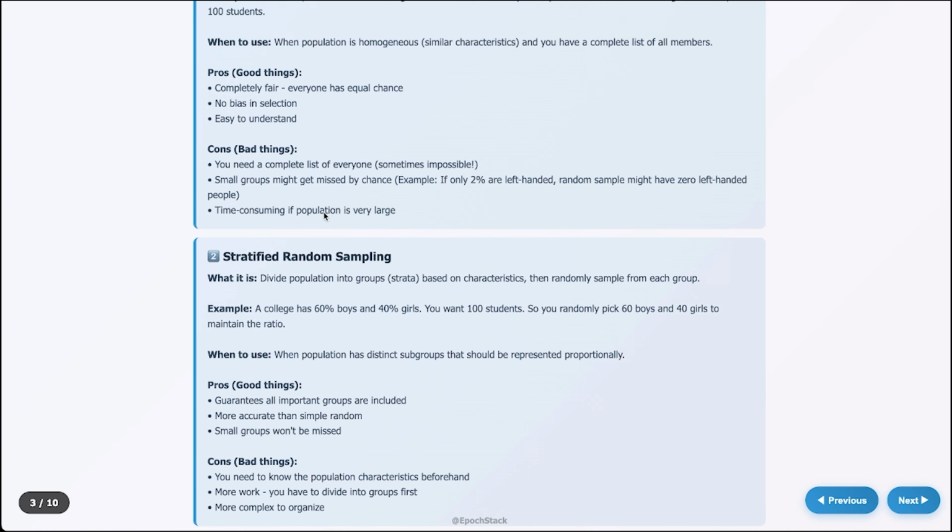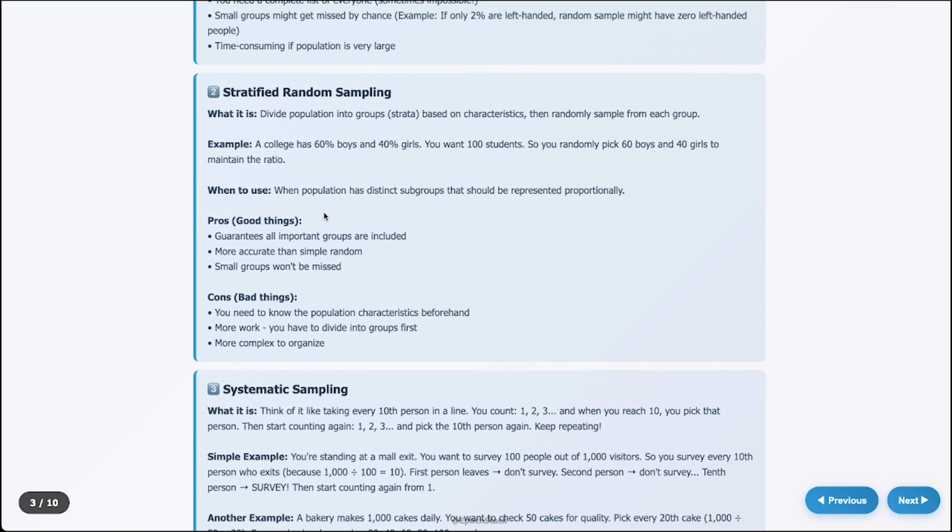Now coming to stratified random sampling. So this sampling strategy is used when you have the population divided into groups, and you know the characteristics that group is based on. So in that case, you will divide the groups based on the characteristics, and you will pick random people from each group. So I will take the previous example, that was a drawback of the simple random sampling strategy.